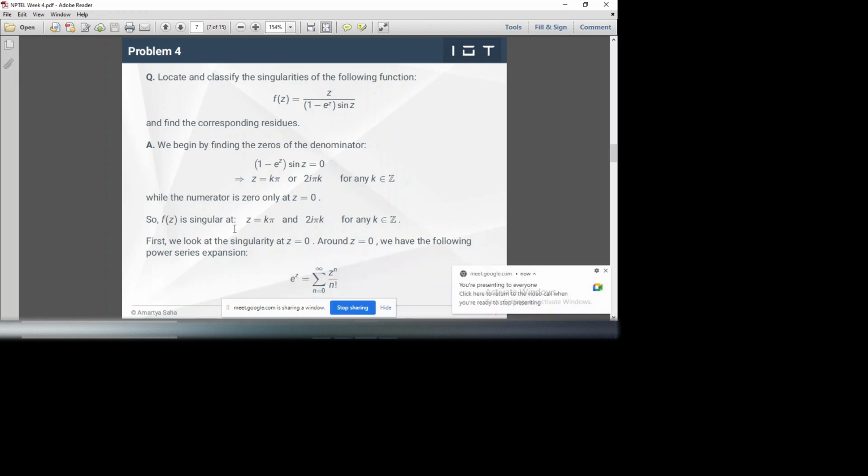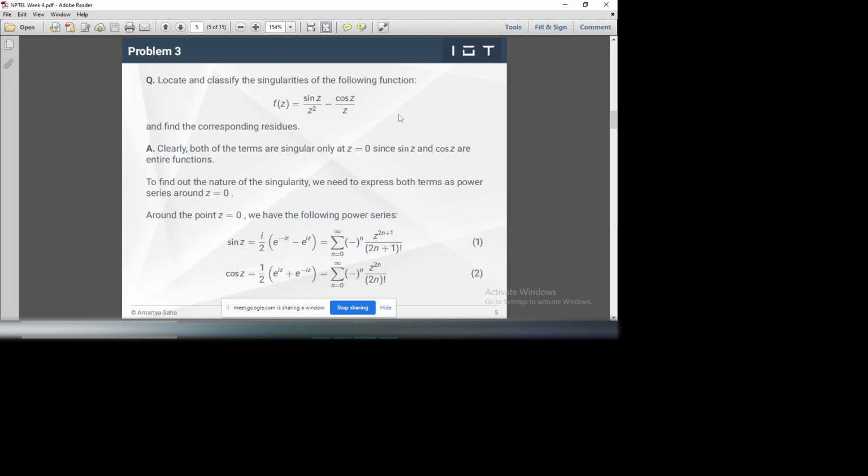Now we'll substitute this power series into this function f(z), exactly similar to the problem before. Just substitute the power series of e to the power z, and here I have also substituted the power series for sine z, that was expansion 1.